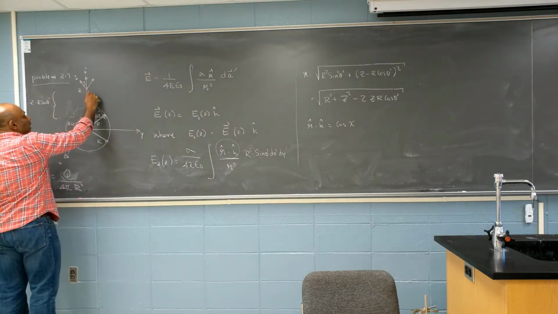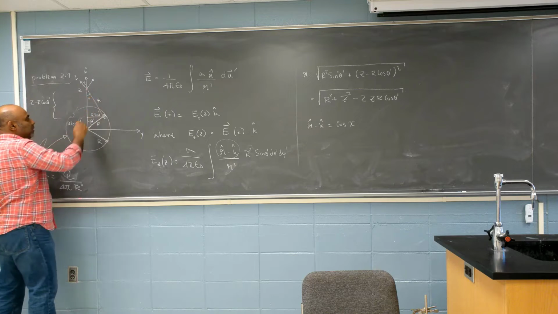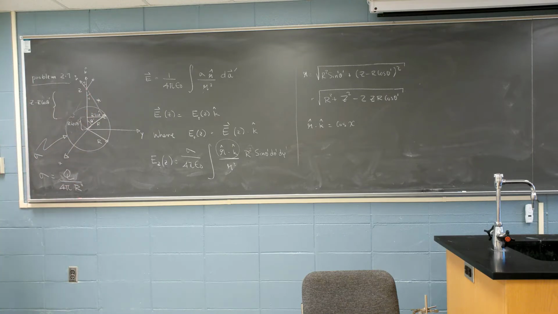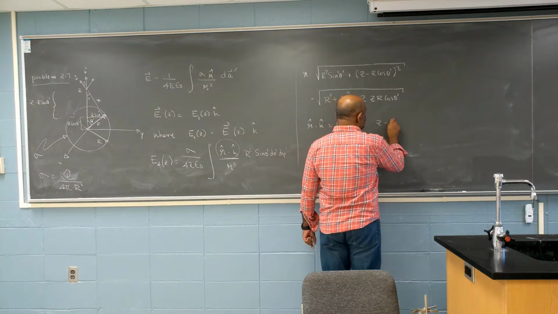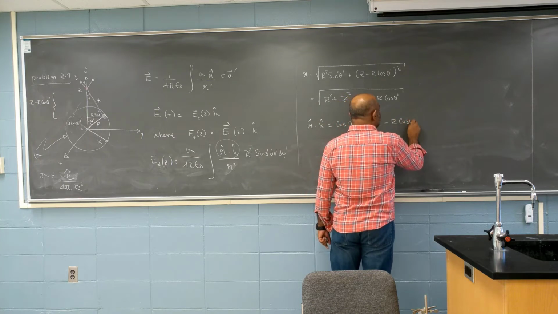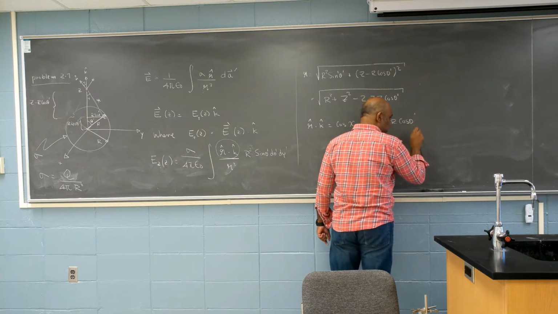So if this is chi, this is chi. Tell me what cosine of chi is.